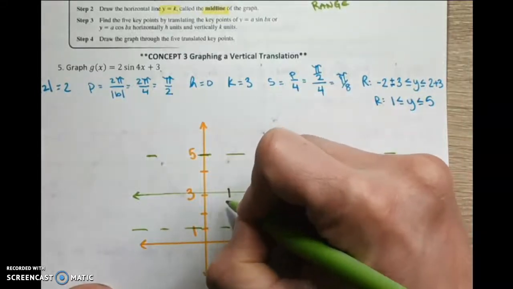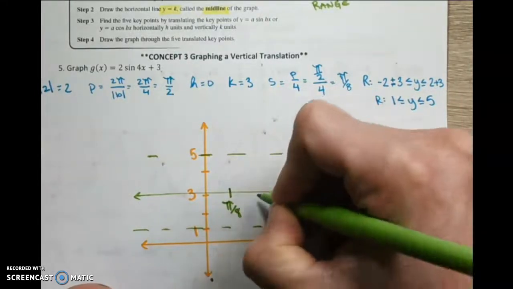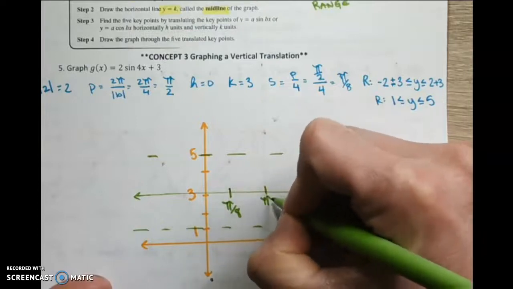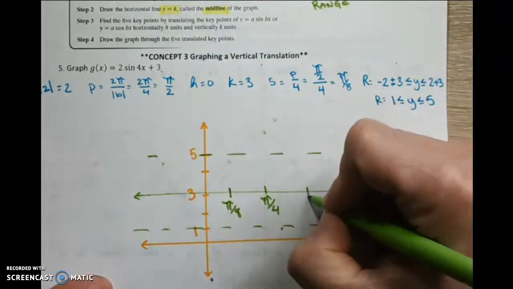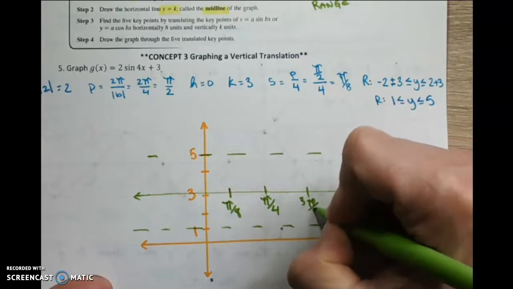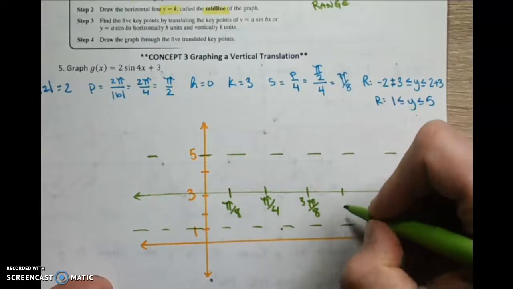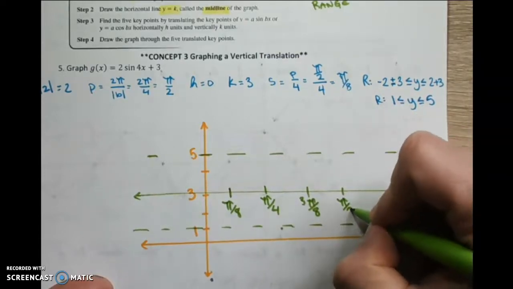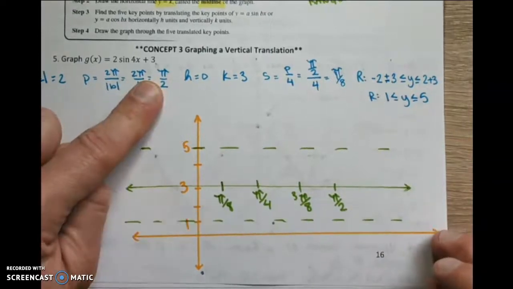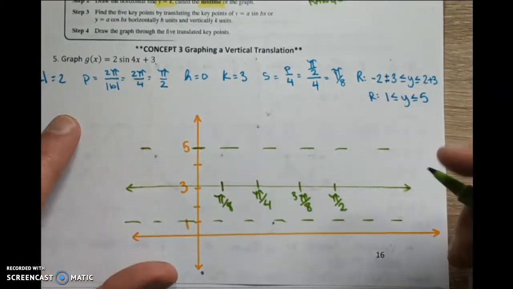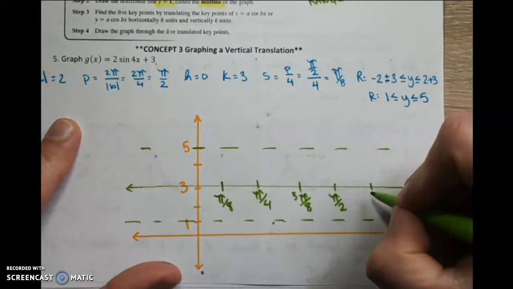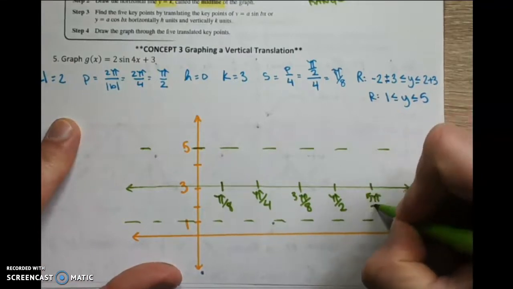So I get pi over 8. Multiply that by 2. I get pi over 4. Multiply that by 3. I get 3 pi over 8. Multiply that by 4, I get pi over 2. And that's my period, right? So that's where my cycle is going to end. Multiply that by 5, I get 5 pi over 8.